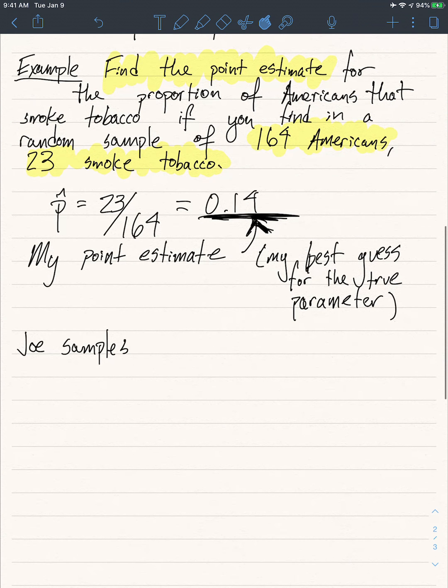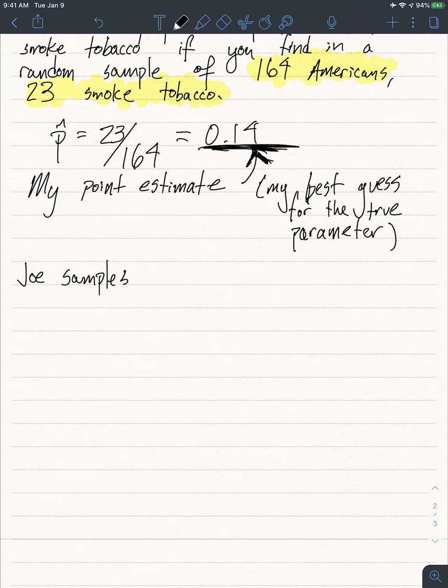Let's keep it consistent, right? Joe samples 164 Americans and finds, let's see, what's a good number? Finds 21 smoke tobacco.